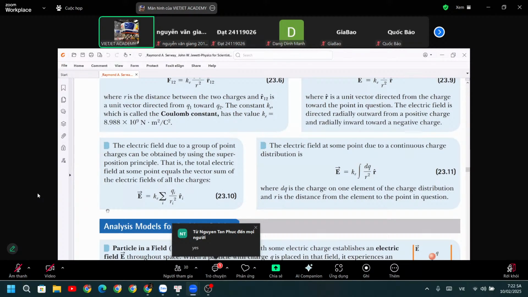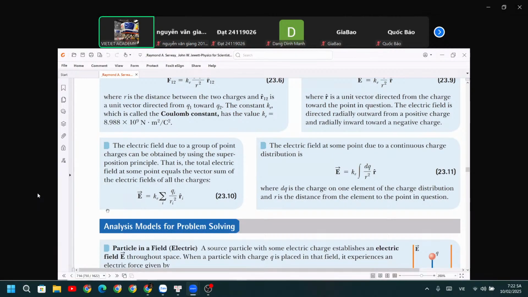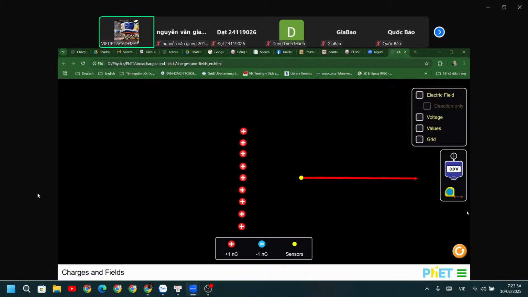Now I give you an example for a configuration in which we have many charges like this one. Here I have some positive charges, and they are distributed symmetrically along a straight line.